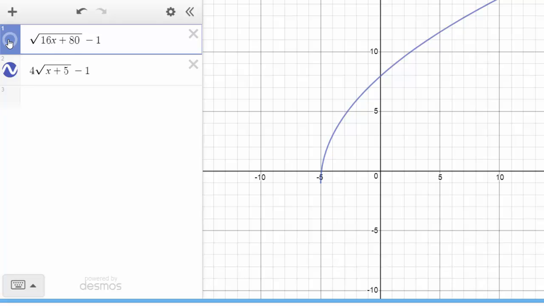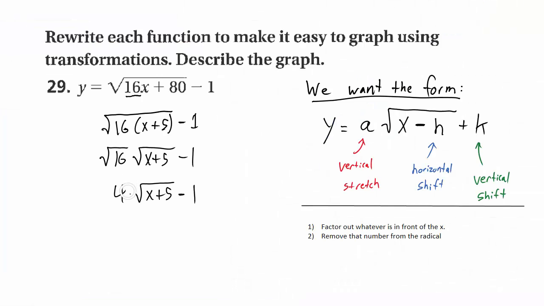The second way of writing this makes it a lot easier to see that this thing is stretched by a factor of 4 and shifted left by 5. The fact that it's shifted down by 1 is just as easy to see in the original, but the vertical stretch and horizontal shift are a lot easier to see.